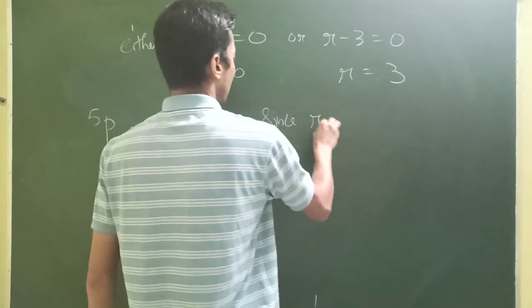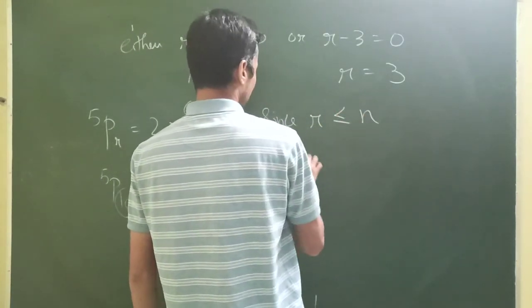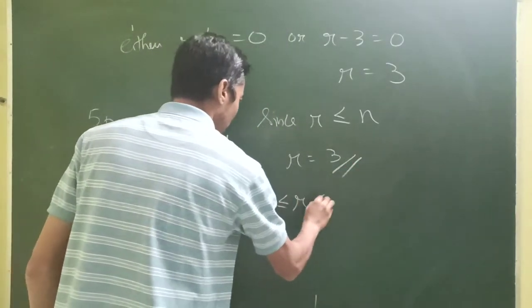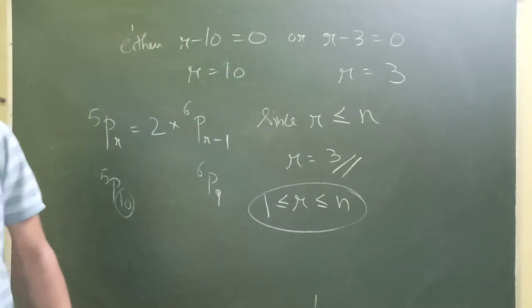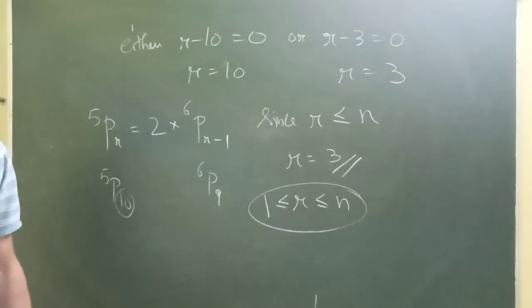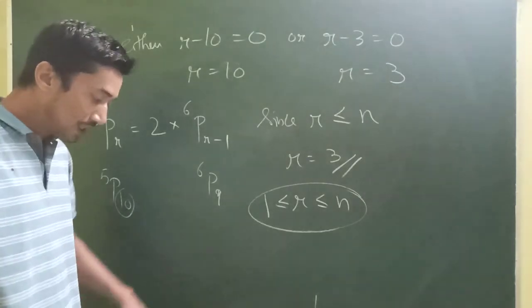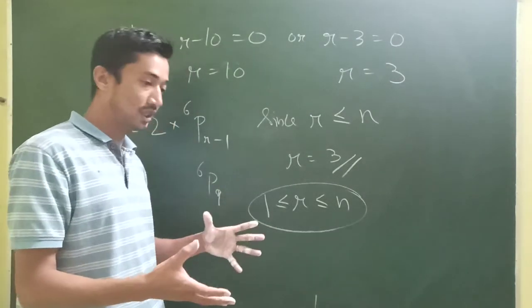So since r should always be less than or equal to n, r will be equal to 3, because our condition was r less than or equal to n. And that's why our value will be, of course, 3.